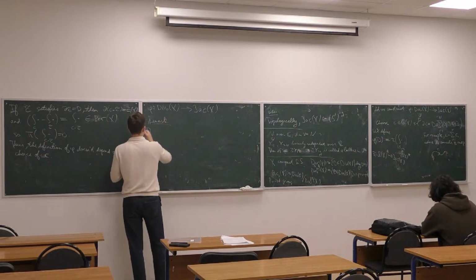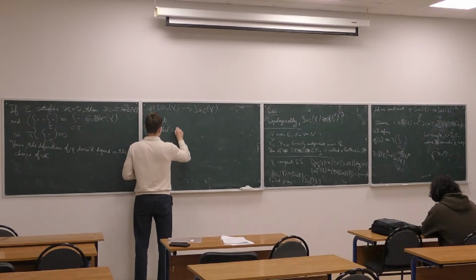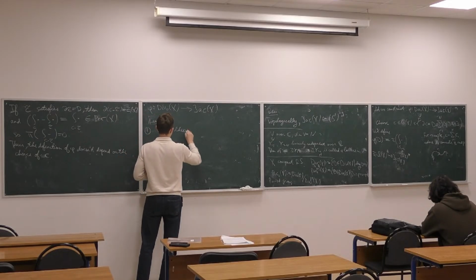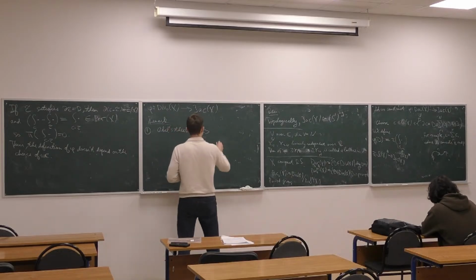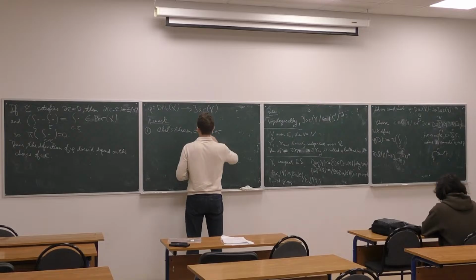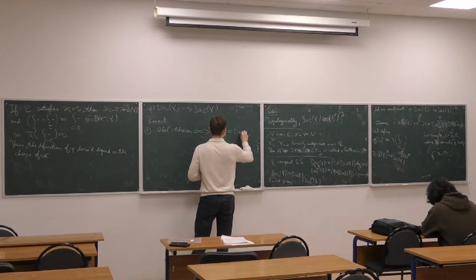The first one is that Abel's theorem is equivalent to saying that the kernel of phi is the principal divisors.